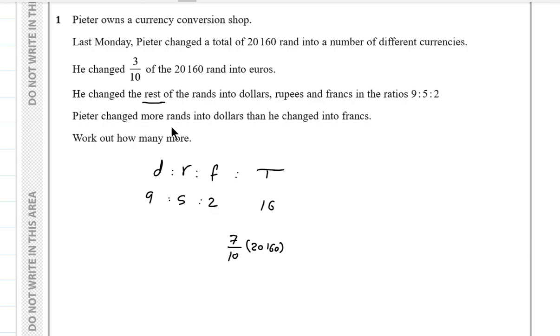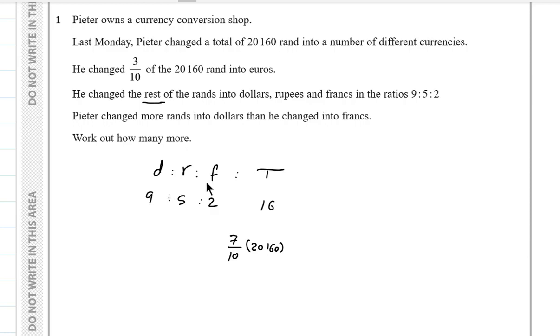Peter changed more rands into dollars than he changed into francs. Of course, it's very clear because we have 9 parts of the ratio for the dollars and just 2 for the francs. So it's very clear that this sentence is correct, but the question is work out how many more.